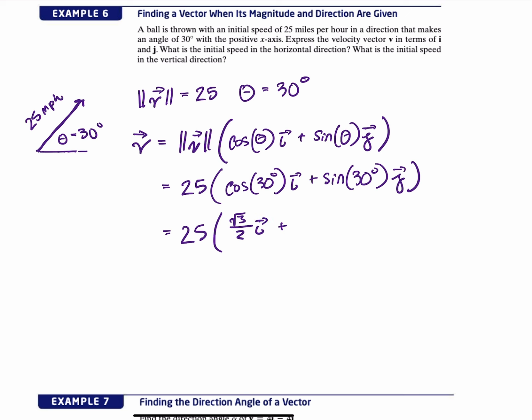And that would make the sine 1/2. So let's just distribute the 25 through. That means our vector is 25 root 3 over 2 i plus 25 over 2 j.